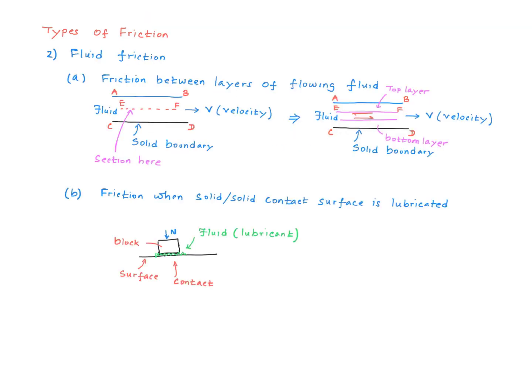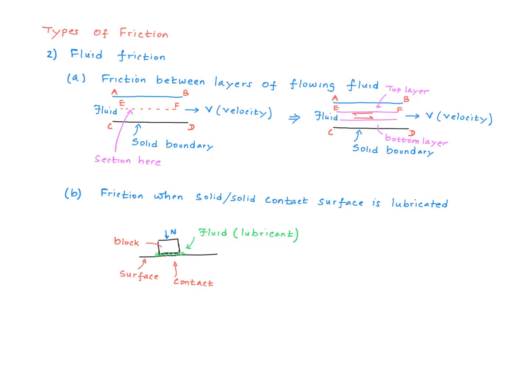The second kind is called the fluid friction. This is the friction anytime you have a fluid involved at the contact surface. This could happen in a couple of different ways. For example, let's say we have fluid moving over a horizontal flat solid surface, right, with a certain velocity v.